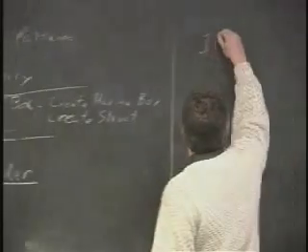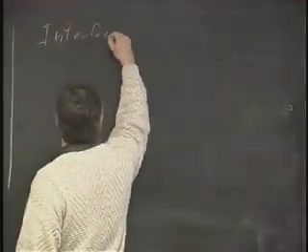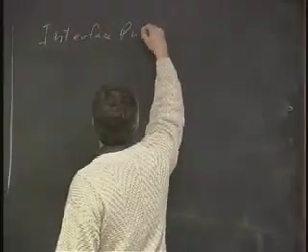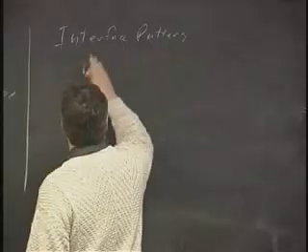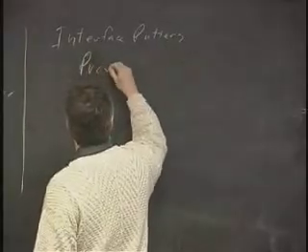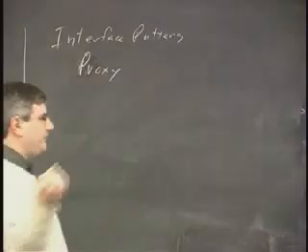So another class is, I think I call, interface patterns. These are often useful. Let's start with one we saw yesterday, which was proxy. A proxy is an object that stands in for another object. Why don't you use the original object?